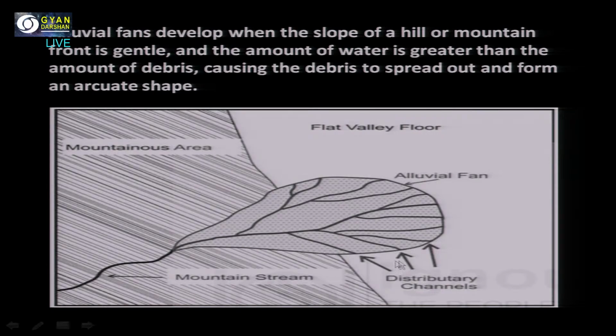Here in this sketch you can see this is the mountainous area, and this stream comes out from the mountain. In the alluvial fan there are distributary channels, and this side is known as the flat valley floor. This is regarding the alluvial fan.